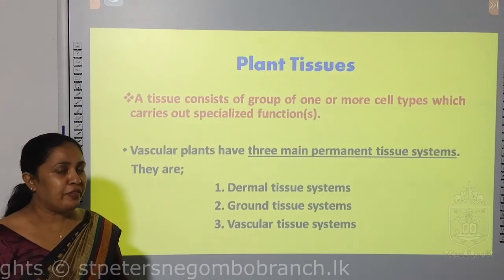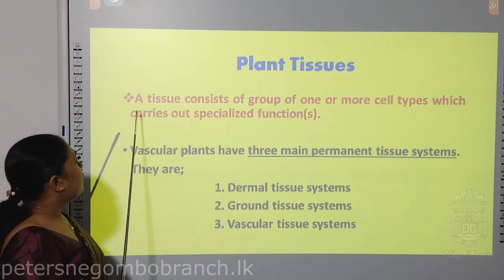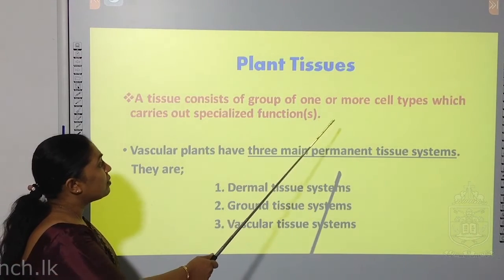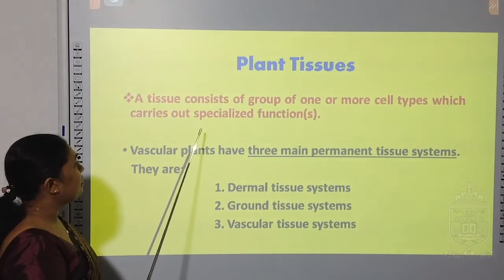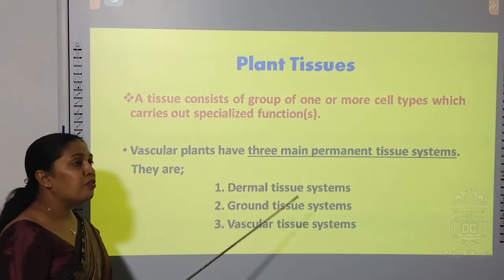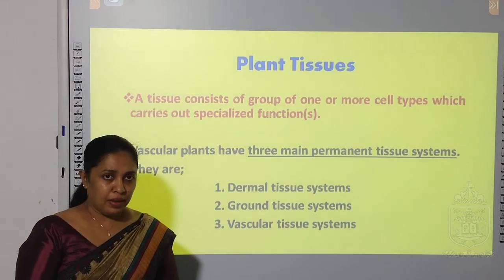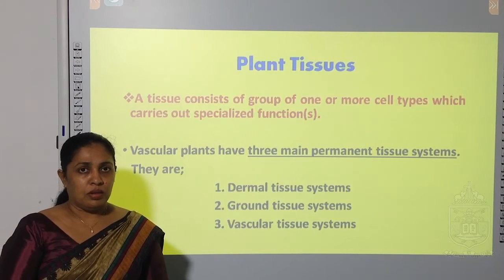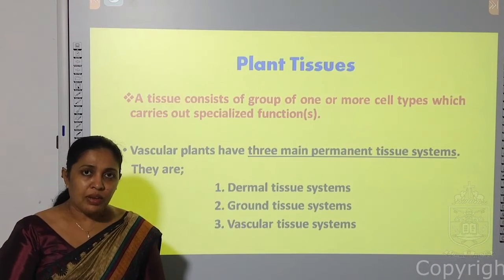Plant tissues are defined as a tissue consisting of a group of one or more cell types which carries out specialized functions. It means a particular tissue is differentiated to a particular function.